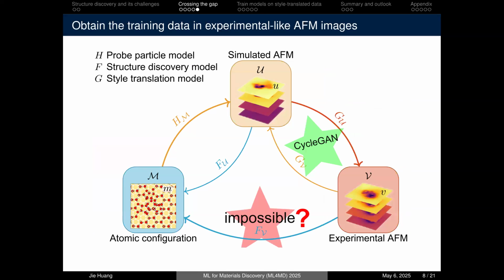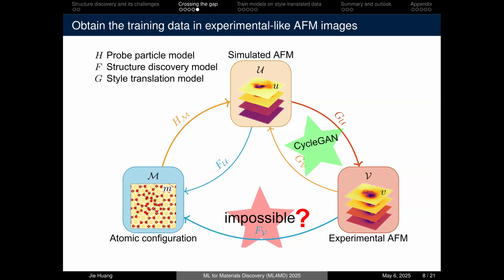And then let's look back at this framework. Here we use CycleGAN to do the style translation. We talked about how it's almost impossible to train on the real experimental data. But if we do the style translation, we can get experimental-like AFM images, and we use these as a replacement for the real experimental data.